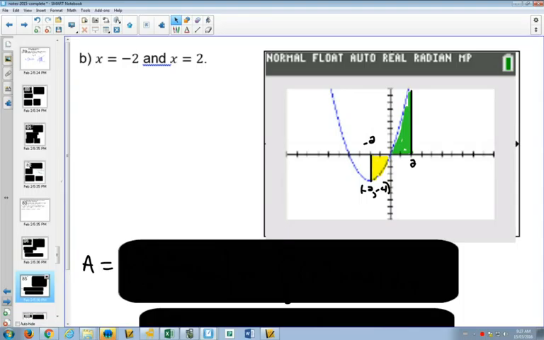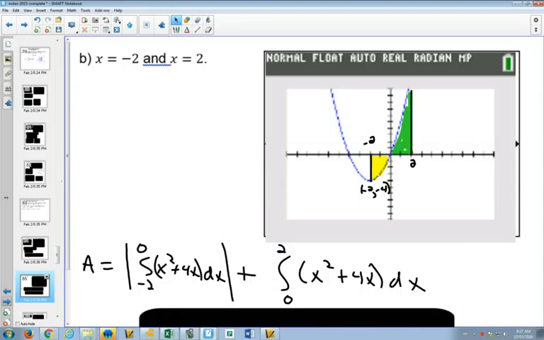So again, it's very important to have a visual of this, to see the graph, to recognize that we have an x-intercept at 0. So we're going to figure it out from negative 2 to 0. That's the negative part, and we're going to do the absolute value. Then we're going to add from 0 to 2, and that part is going to be the positive part.